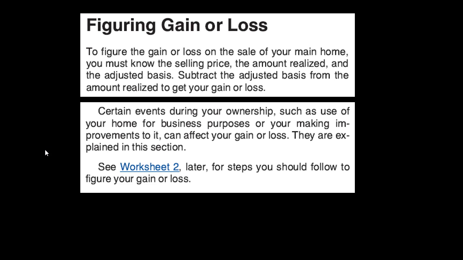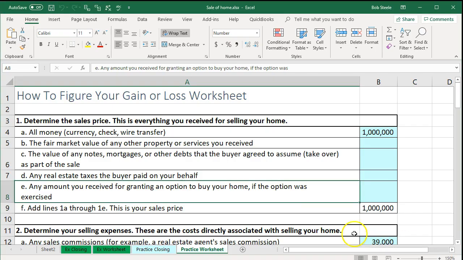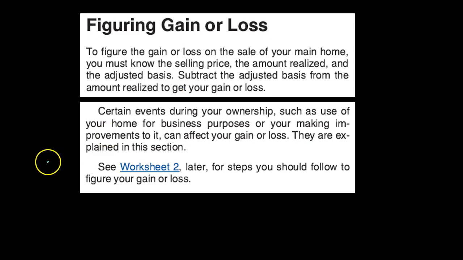See Worksheet 2 later for steps you should follow to figure your gain or loss. As we go through this, you can look at Worksheet 2 in Publication 523. You can use this worksheet as well and look through the components provided in the Excel worksheet. This is just a simulation or approximation of that worksheet.